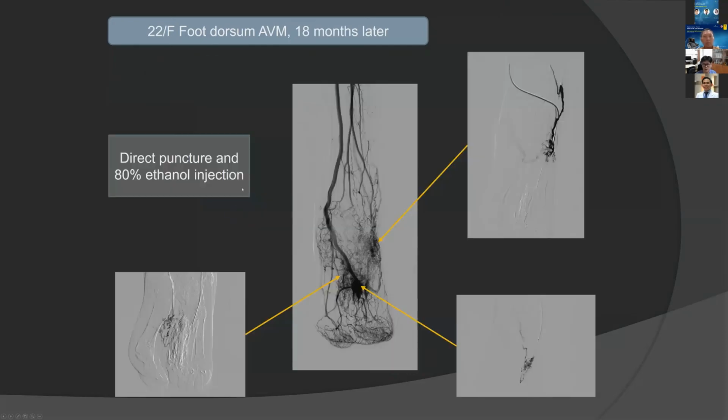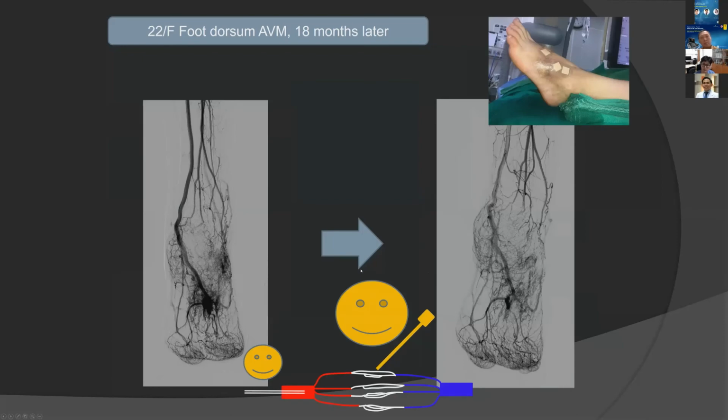However, the lesion recurred recently, and I treated the lesion with direct puncture, even though it has very small caliber vessels. We tried direct puncture and ethanol sclerotherapy.